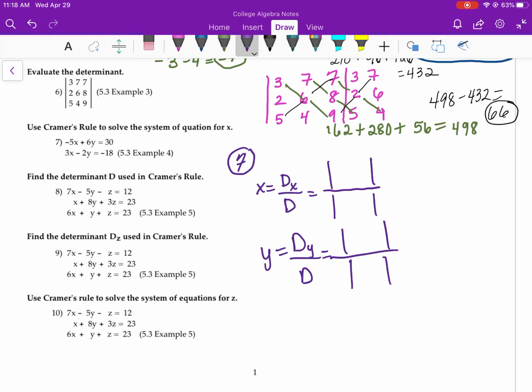The first thing I'm going to check is I'm going to make sure that my x's and my y's line up and they're on the same side of the equations with the constants on the other side. And it looks like I have that.